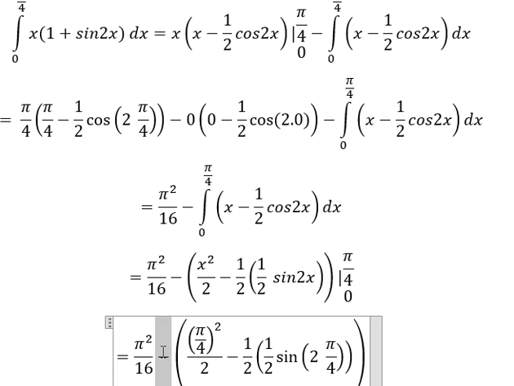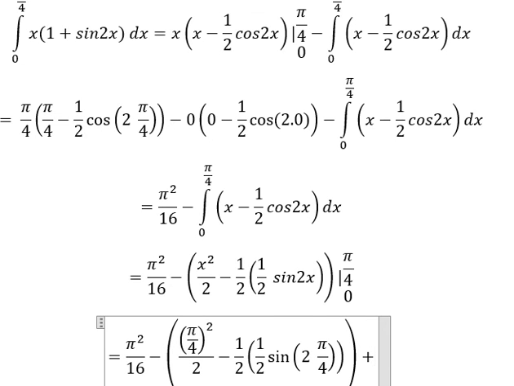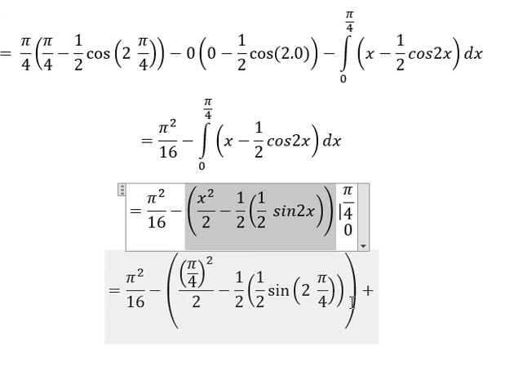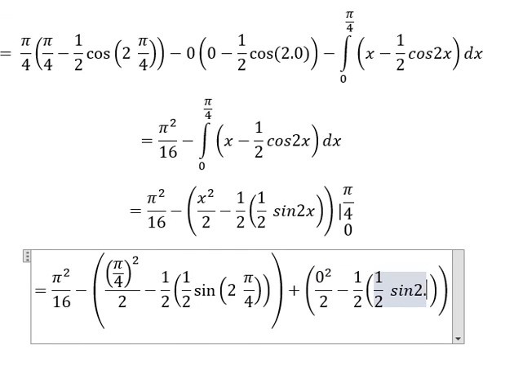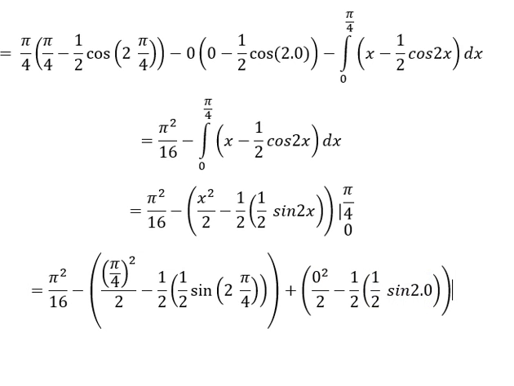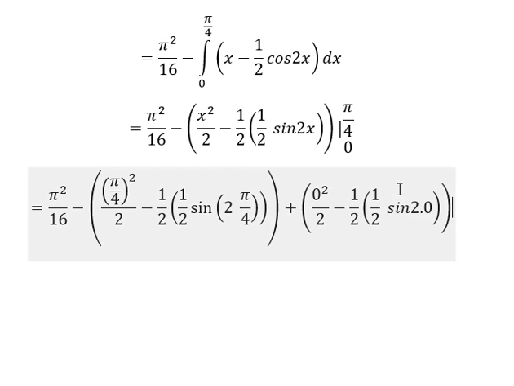Because we have the negative sign here, negative with negative, you get positive in here. So sine of 0, you get 0 in here. 0, you get 0 in here.